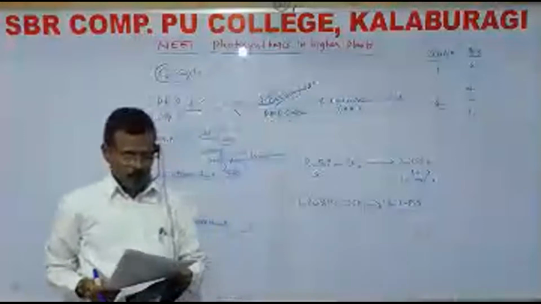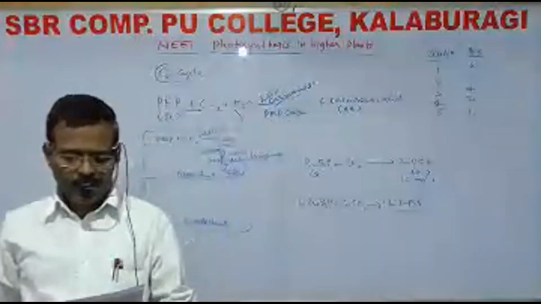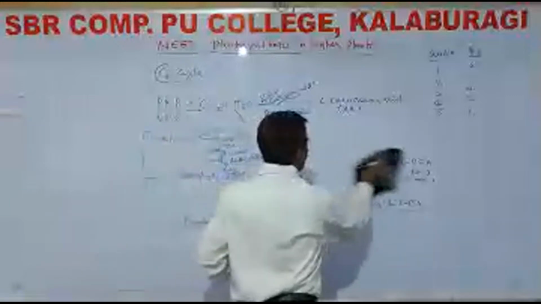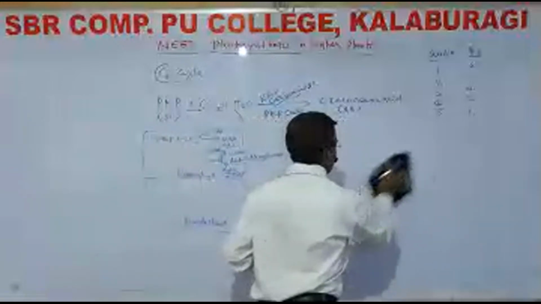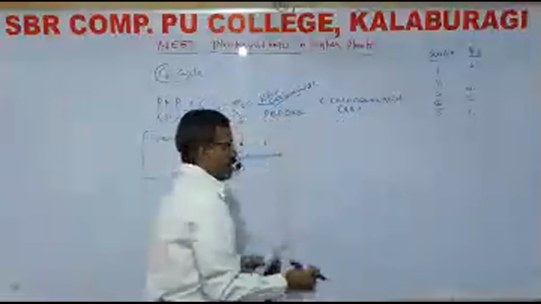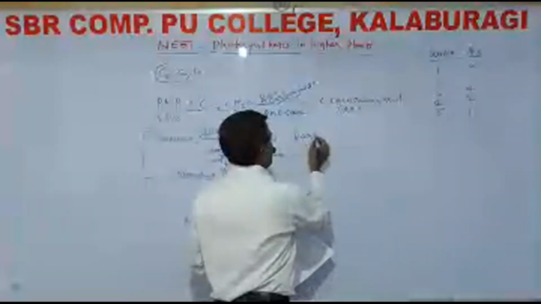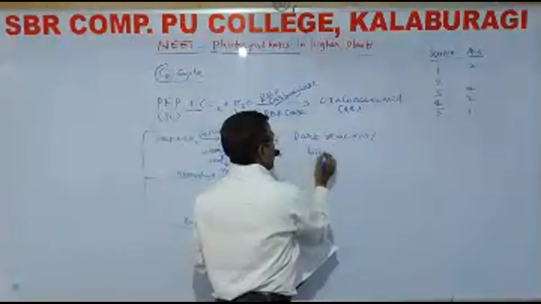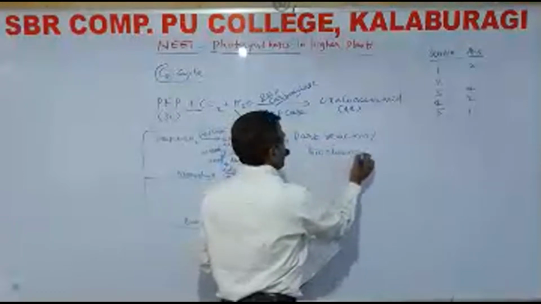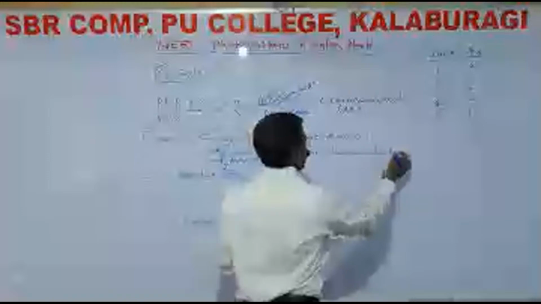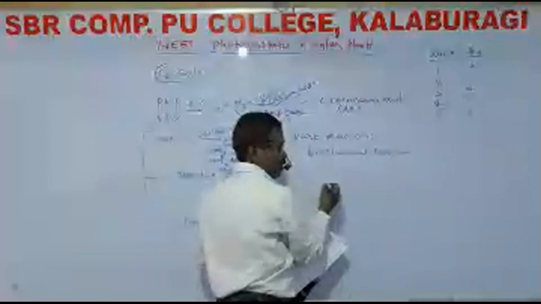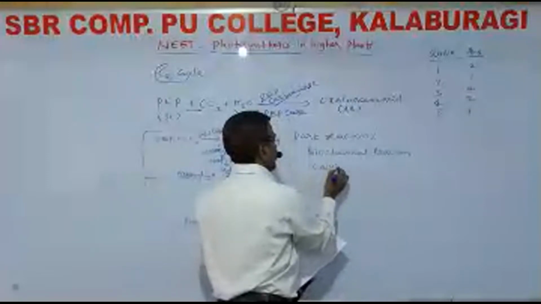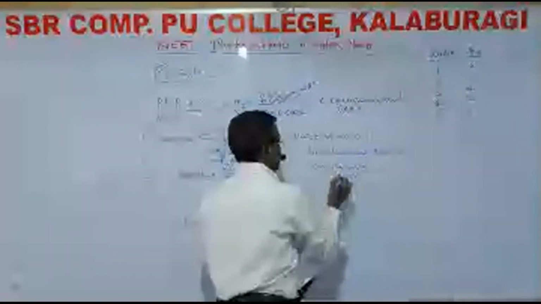5, 1. Next, the biosynthetic phase of photosynthesis is dependent on... See, the biosynthetic phase means it is a dark reaction, or it is known as a biochemical reaction. It is the most common method of carbon dioxide fixation during dark reactions, that is the Calvin cycle.